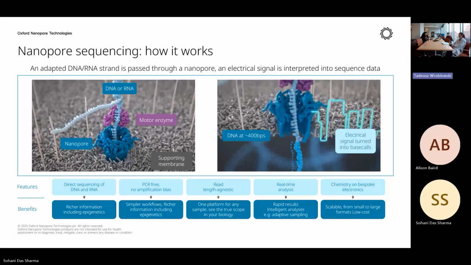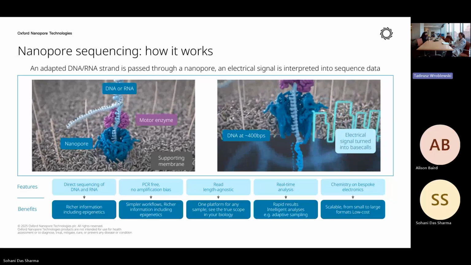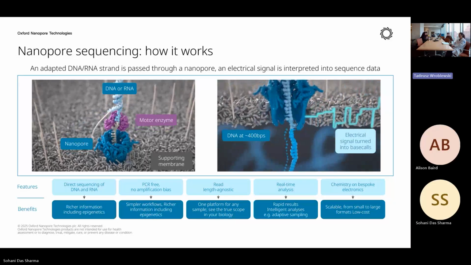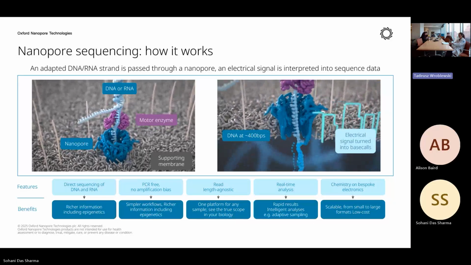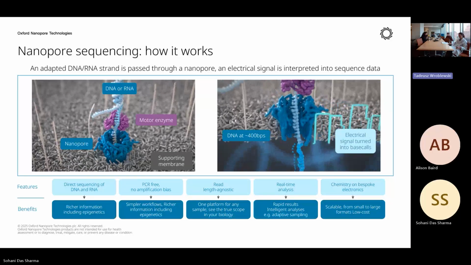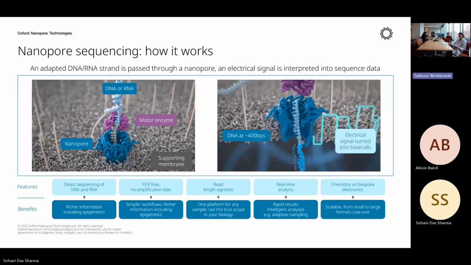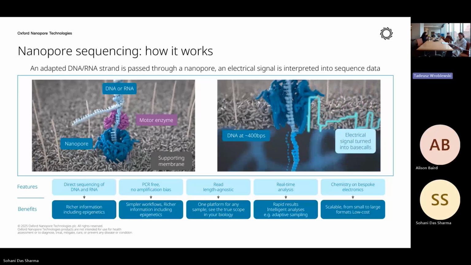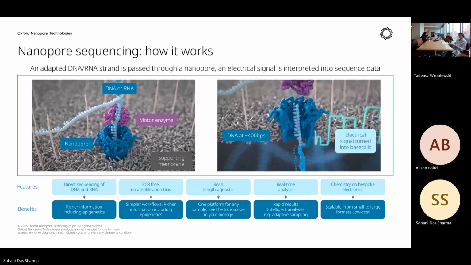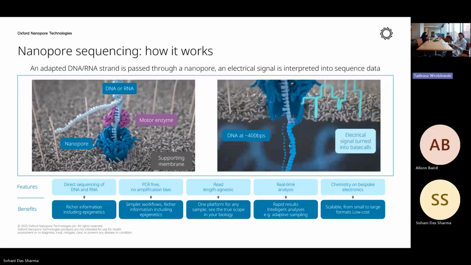In the afternoon, it will be more about our software and the downstream analysis we can do using nanopore. That software is called Epitome. Tomorrow, we'll see based on how the run goes.